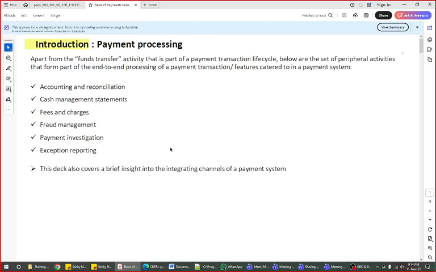He cannot accept more than 1 lakh or 2 lakhs of payment per day, so a message is displayed saying your credit limit has been reached. This is a kind of exception reporting at the end of the cycle. We are going to discuss these in detail one by one, from accounting to exception reporting.